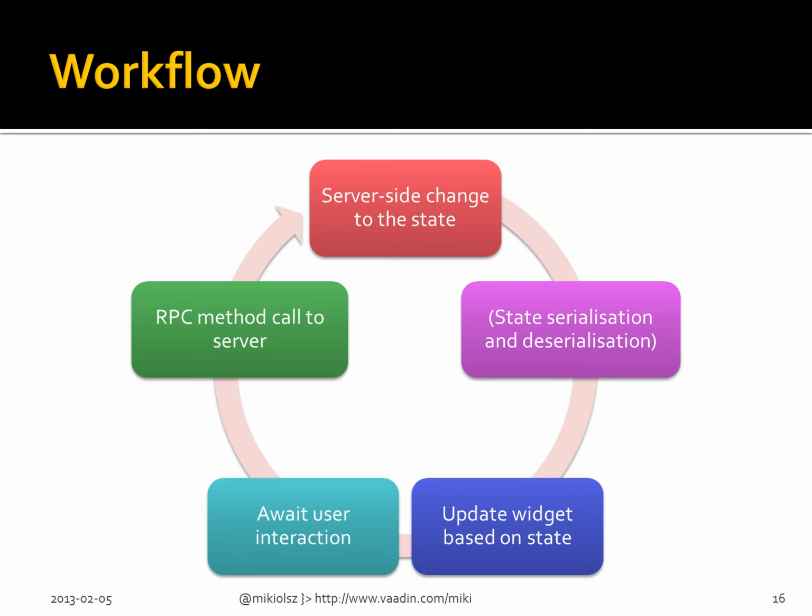Then the client side part of the framework deserializes the object to something that the browser side can understand. Then the connector updates the widget based on what has just changed. Then we usually await user interaction. And then if something happens, the RPC method, so remote procedure call, is done to the server from the client side. And then of course the server side usually changes its state according to what just happened, and the cycle goes on and on.